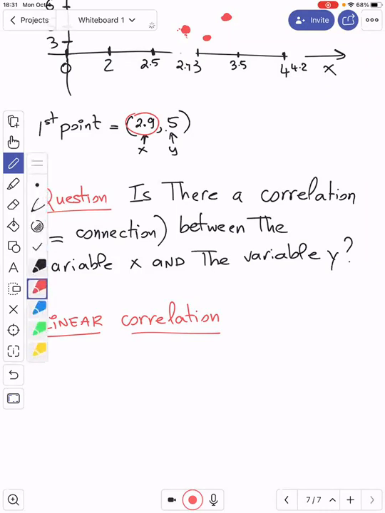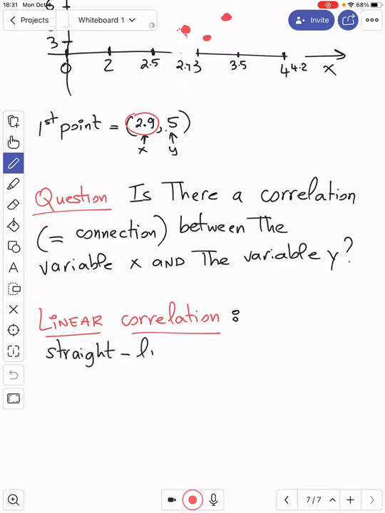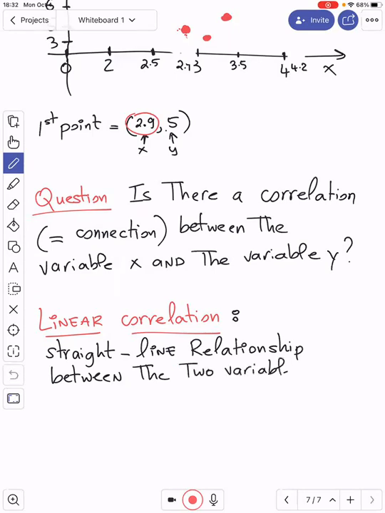Linear correlation is just a straight line relationship between the two variables, x and y.